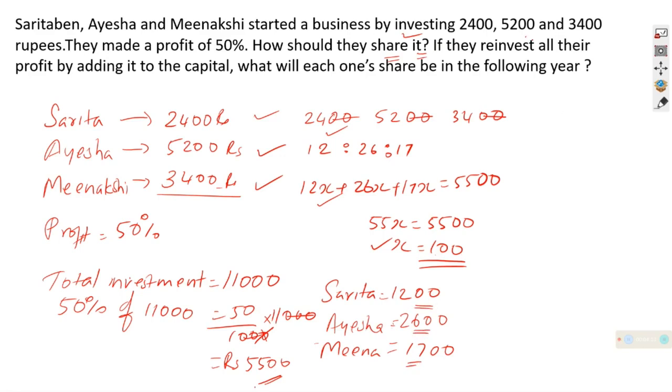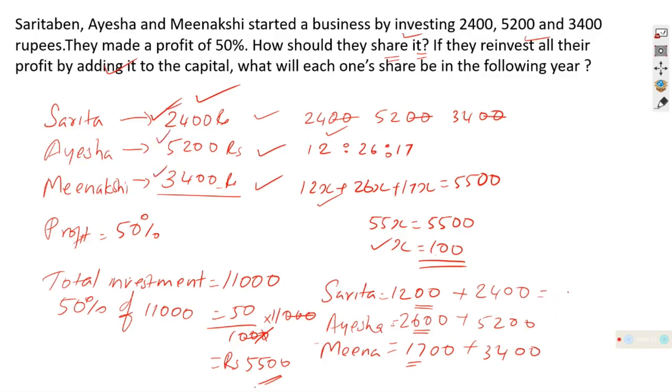They reinvest all their profit by adding it to the capital. They don't want to spend it, so they added it to their original capital. So 2400 plus 1200, 5200 plus 2600, and 3400 plus 1700.